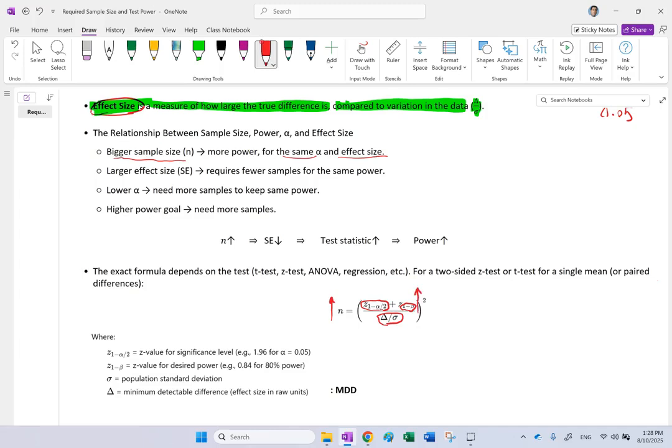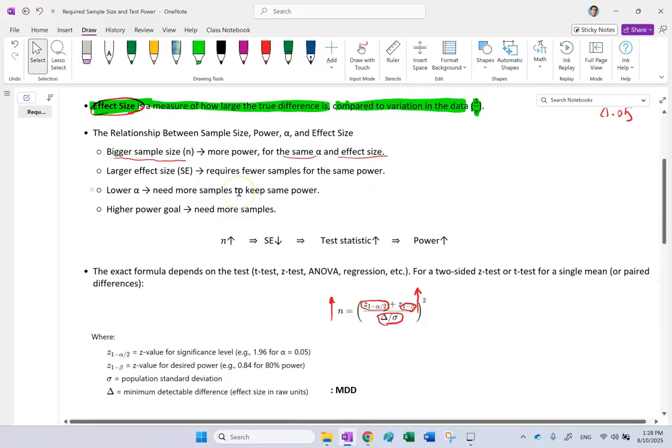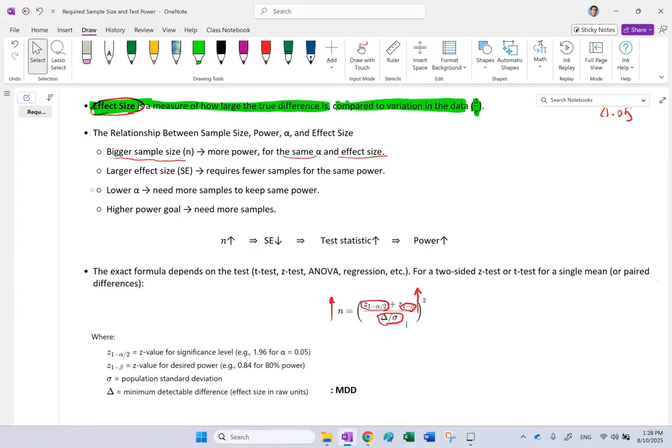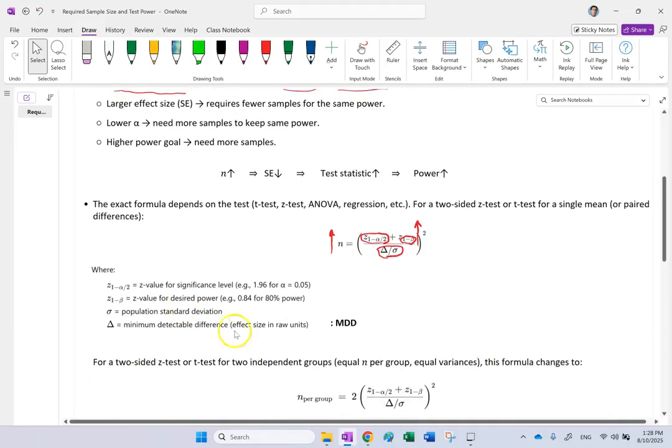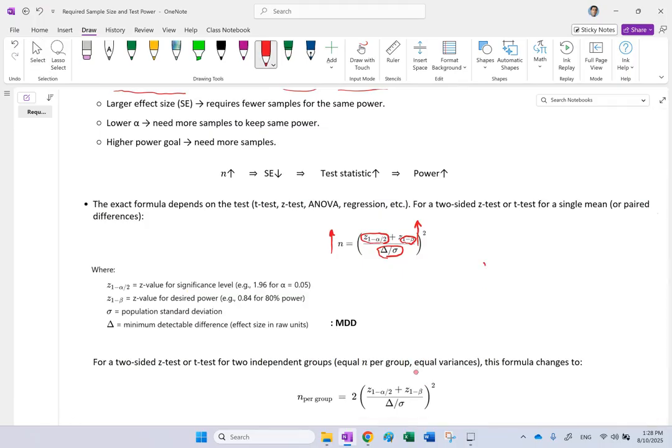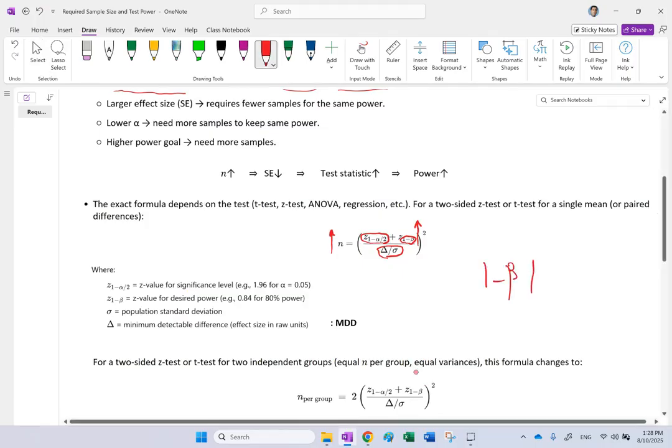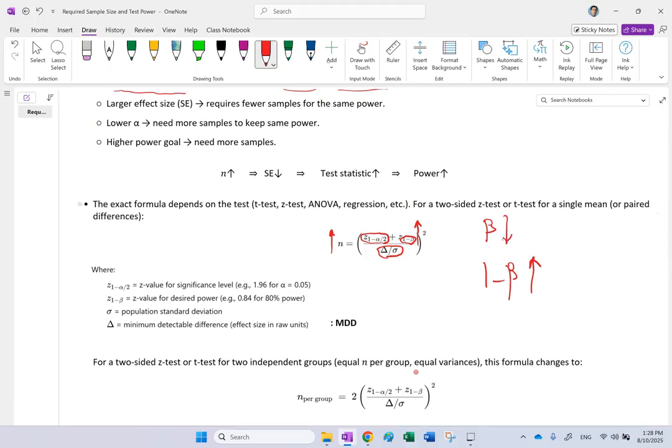So more power means beta is like 0.05, 0.01, and 1 minus beta is like 0.95, 0.99, as opposed to like here 80%. So when 1 minus beta gets closer and closer to 1 and the chance of type 2 error drops, that means, of course, the z number for it, z at 1 minus beta, also goes up. So when this term goes up, of course, the n goes up and vice versa.